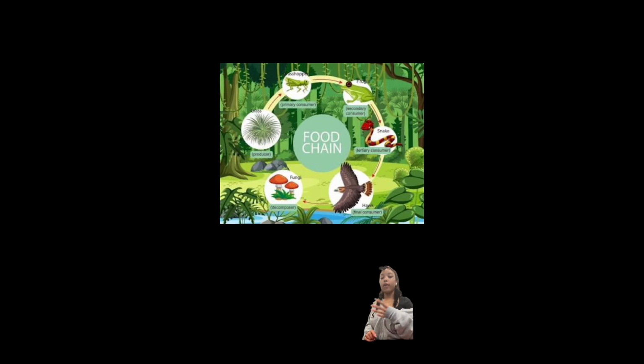It could be 4 or 5. It just depends on how the living things interact in that specific ecosystem. And then everything is broken down by the decomposers when a living thing dies, like mushrooms and bacteria, which take in the nutrients from the dead animal.